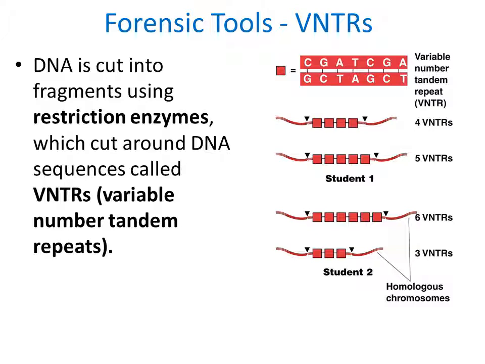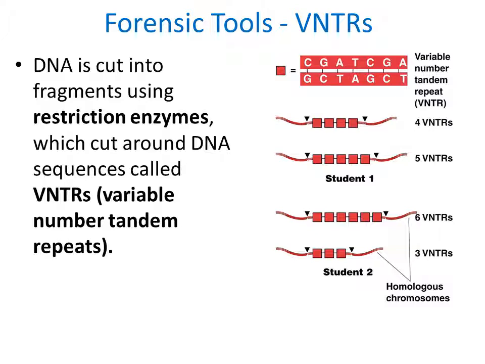Okay, so once you've amplified the DNA that you're interested in, we can then cut that with restriction enzymes that flank the variable number of tandem repeats. So here, the repeat that we're interested in has the sequence CGA-TCGA. So for student 1, you can see that this repeat is repeated on, let's call it chromosome 1.